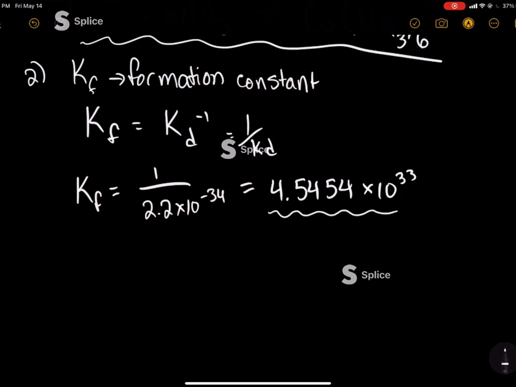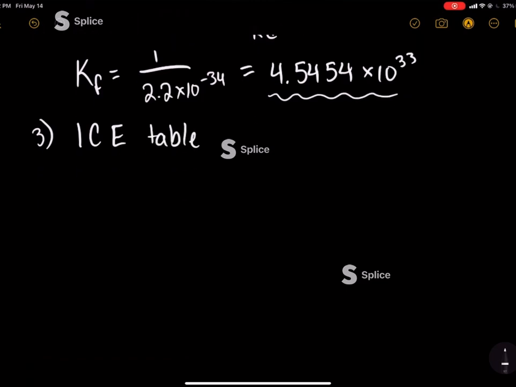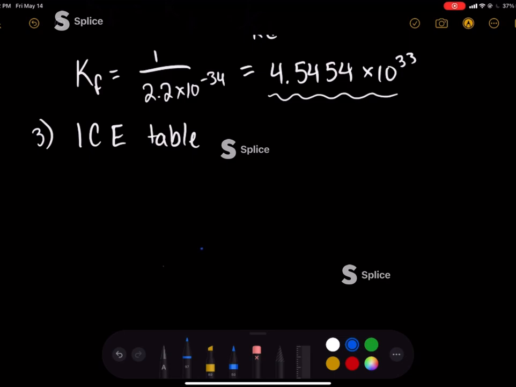Next, now that we have that, we are going to make our ICE table. Let's rewrite our equation.